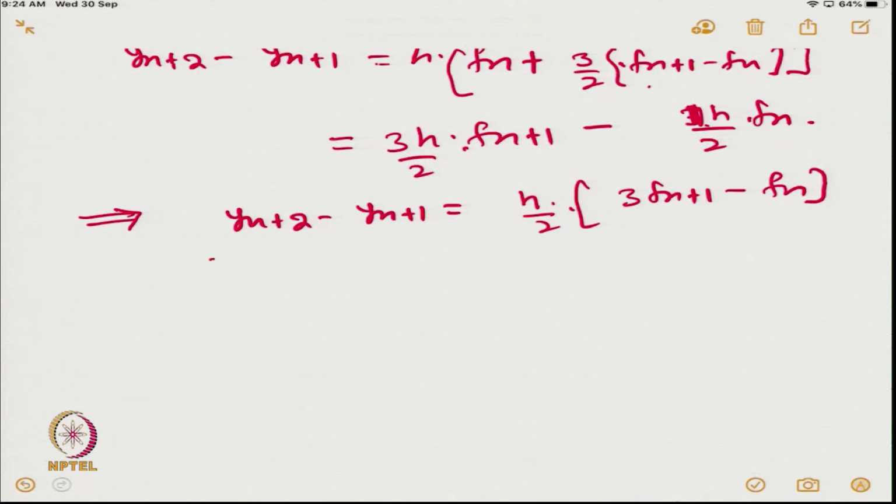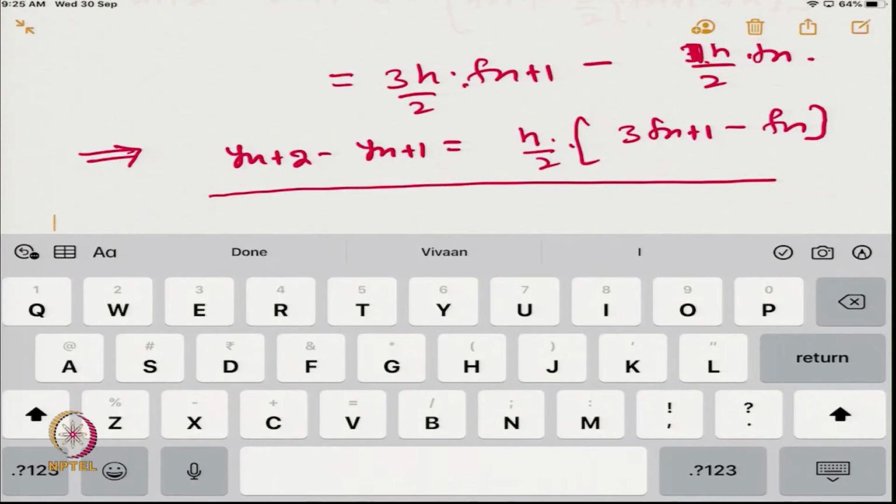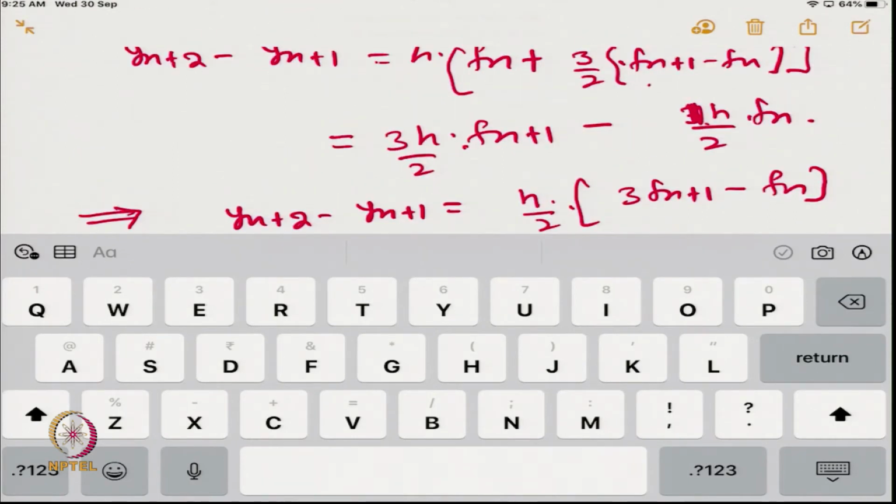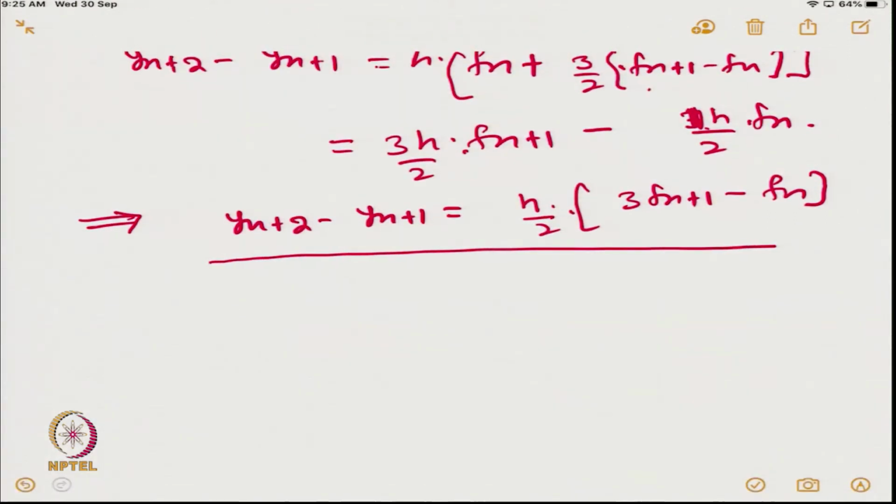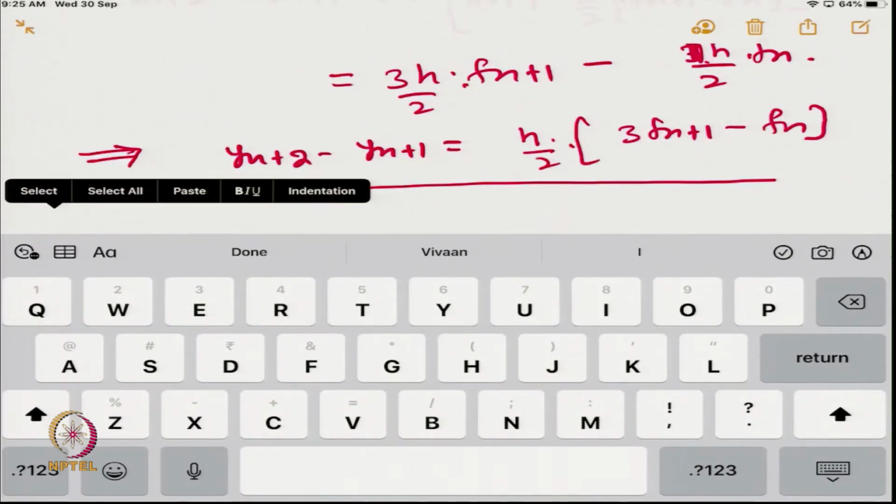So, this is the scheme we observed in second order Adam-Bashforth method, because just this starts from n plus 2. So, this is recursive.